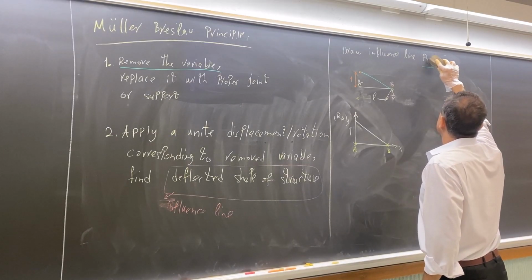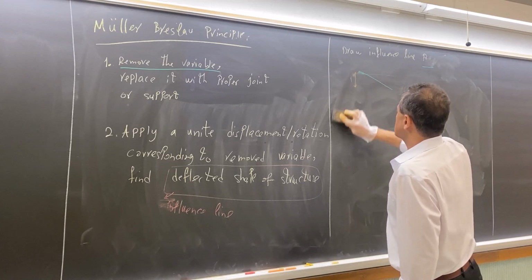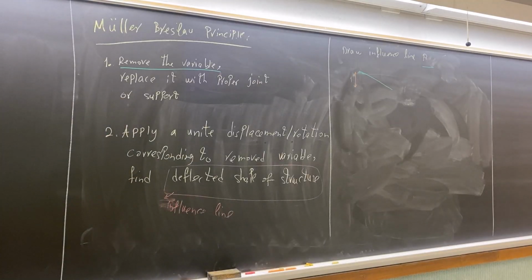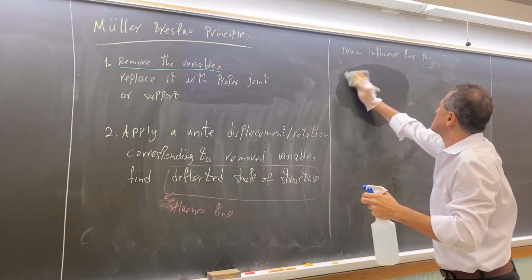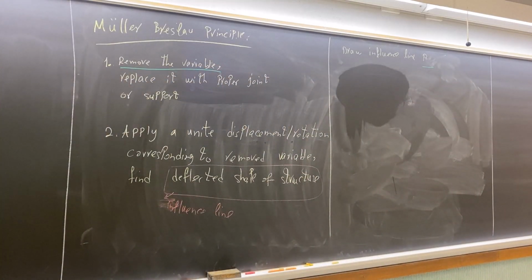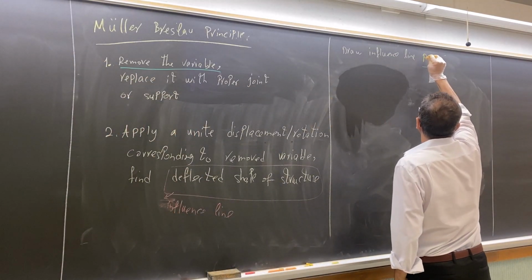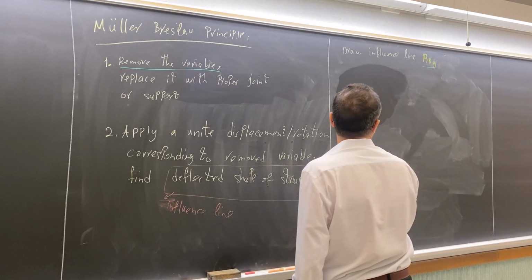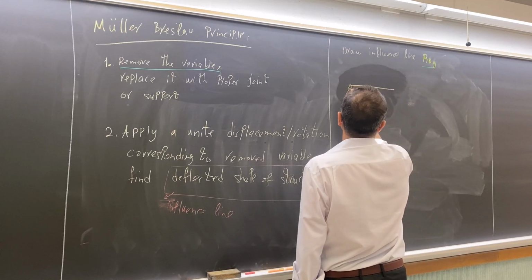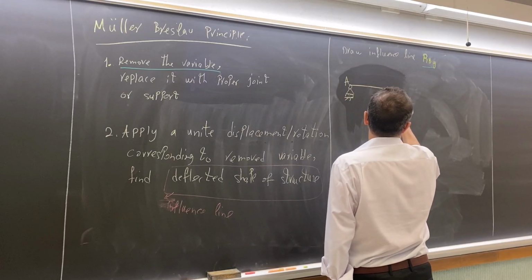But the second part of the question said RBY, the vertical reaction at point B. So the same beam, A is a roller, B is a pin.